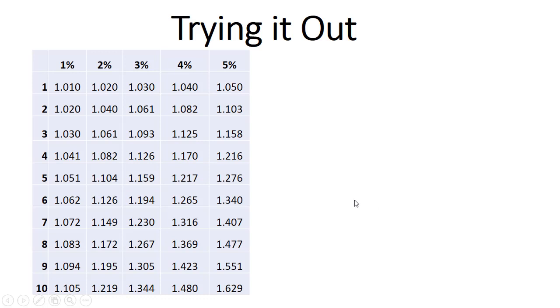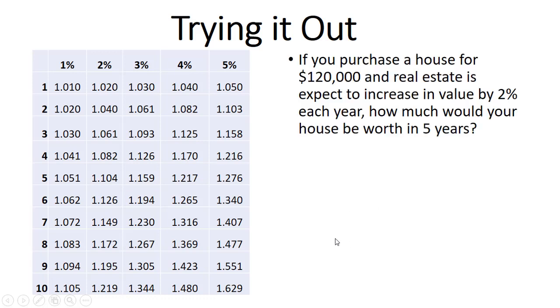So let's try it out. Back to that first example problem. If you purchase a house for $120,000 and real estate is expected to increase in value by 2% each year, how much would your house be worth in 5 years? So, two things we're looking for: our rate, and our period. So we can look at it in this chart.